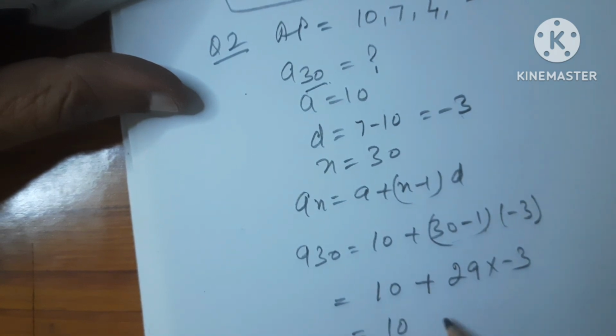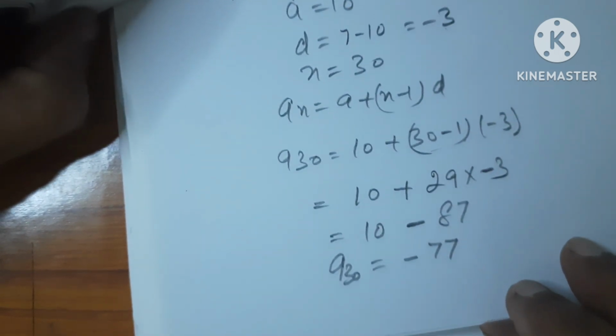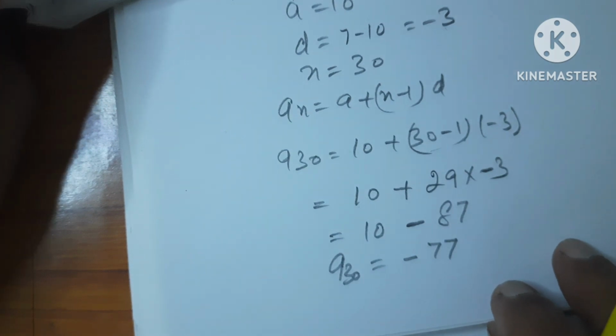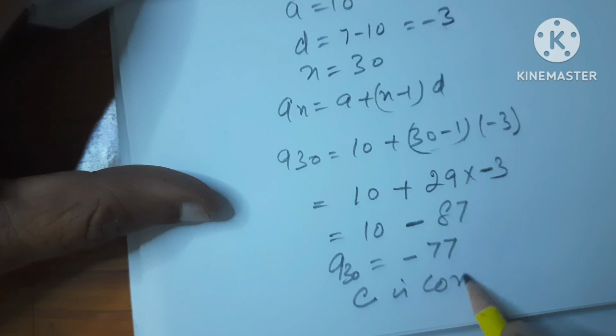This is equal to 10 minus, this minus will make this minus, 87, which is equal to minus 77. A30 is minus 77 and C is the correct option.